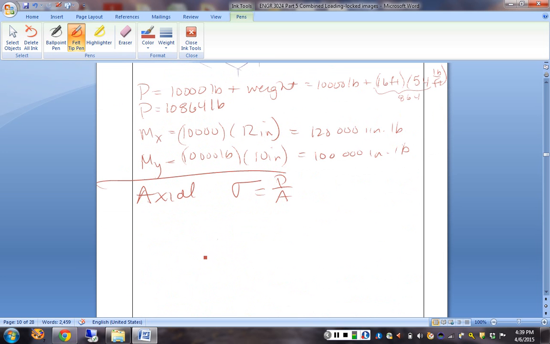So we've got our 10,864 pounds over, what was that number, 15 something? Thank you. 15.8 inches squared out of the beam table. That ends up being 688 psi. And that is in compression, so I'd throw the negative sign in there.